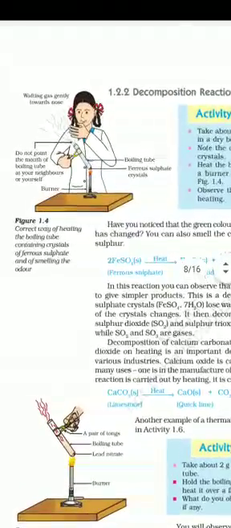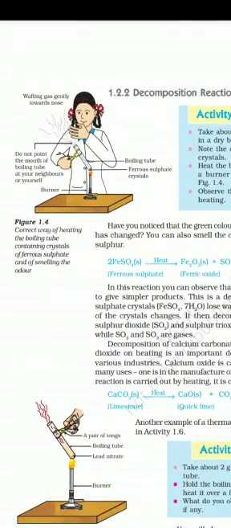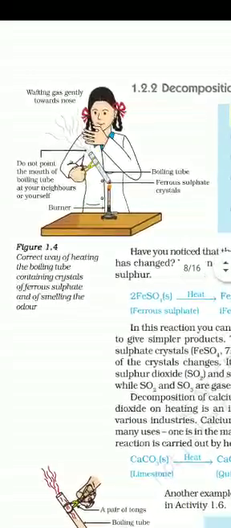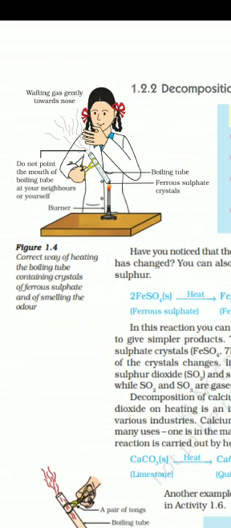So children, in decomposition reactions, we have three subparts. First one, thermolytic decomposition. First of all, we are going with the explanation of thermolytic decomposition. Here you can see we have one activity in which a girl is performing an experiment. In a test tube, she has ferrous sulphate crystals and she is applying some heat.